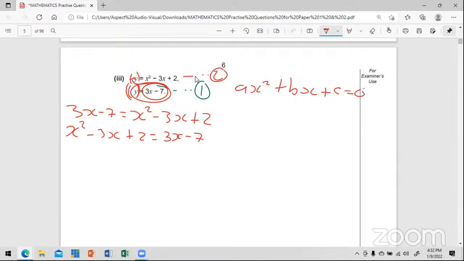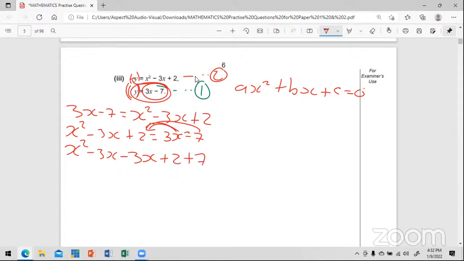It's the same thing, right? So I want to move these things to the other side. So this one will be x squared and then minus 3x minus 3x. And then you take this one there, it will be plus 2 plus 7.